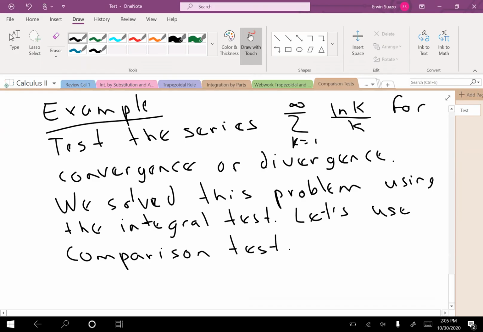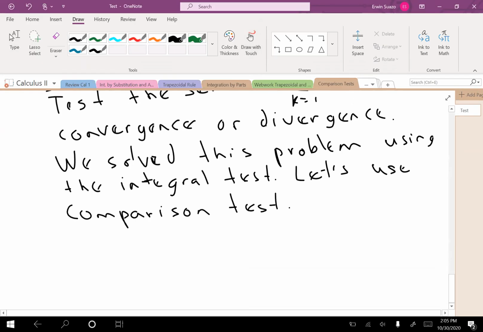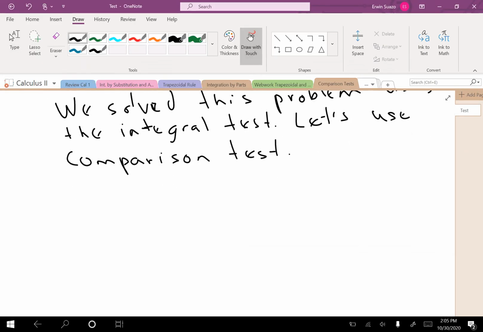So we have the sum of ln of k divided by k, k equals 1 to infinity.